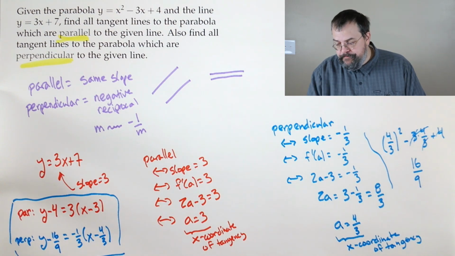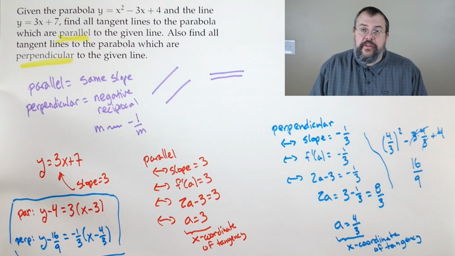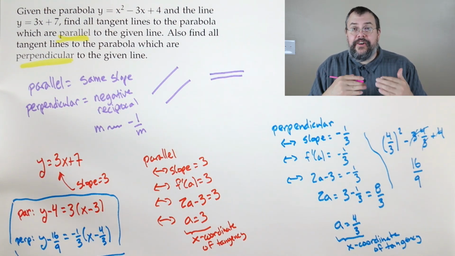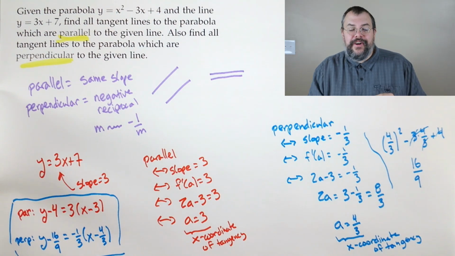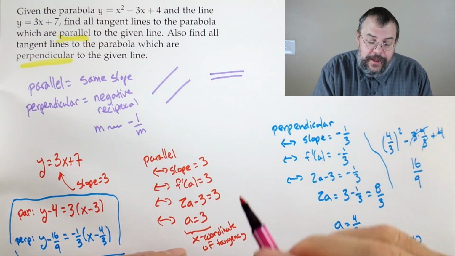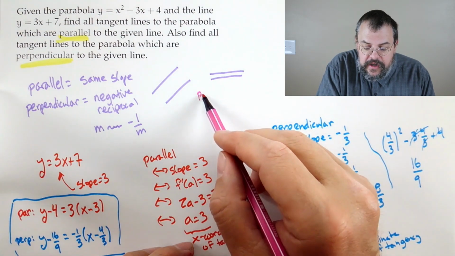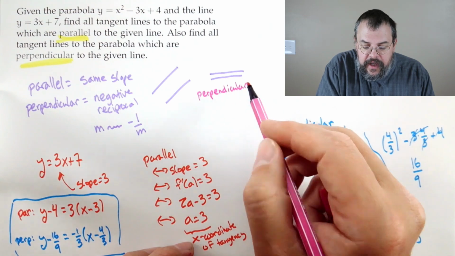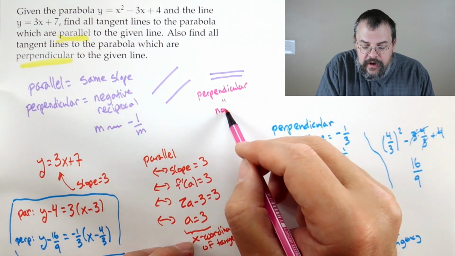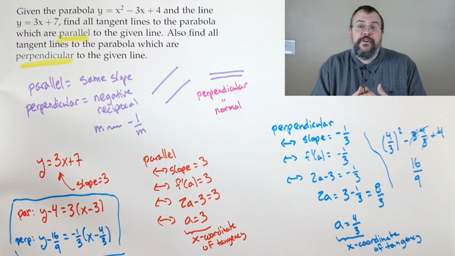By the way, I do want to mention that there is a word that you'll start hearing, especially once you get into Calculus 3. So we might as well plant the seeds so we can start harvesting them later on. When you see this word perpendicular, you might also see it written as normal. So you have the tangent line, but you also have the normal line.